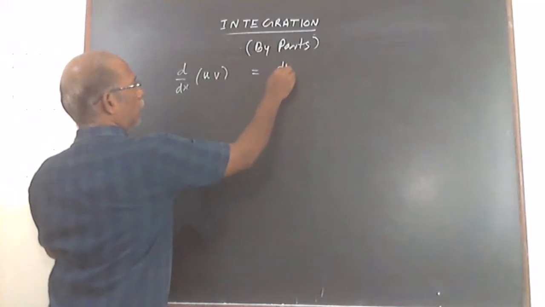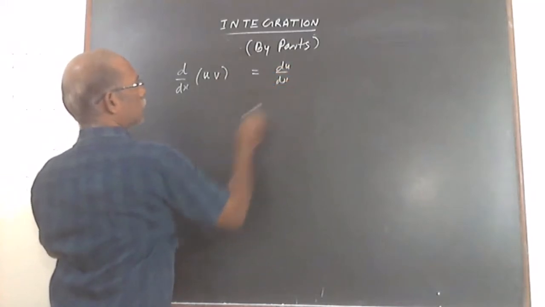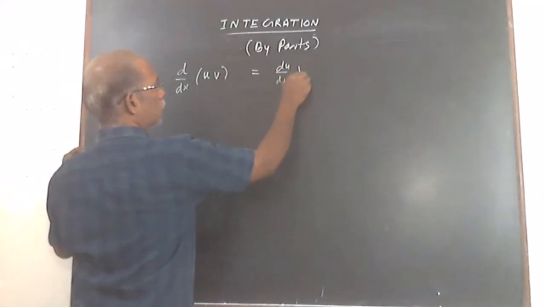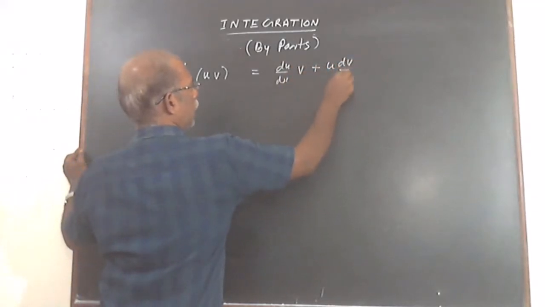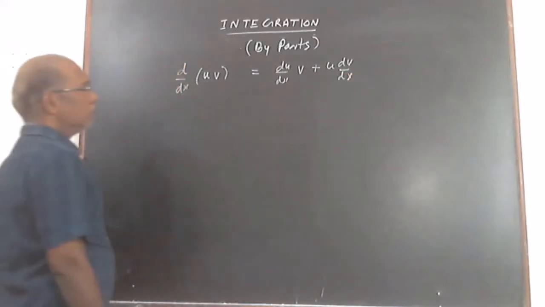d by dx of uv equals v into du by dx plus u into dv by dx.